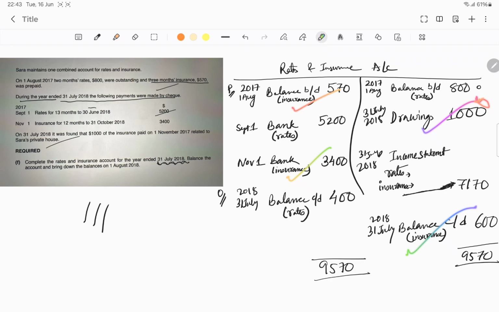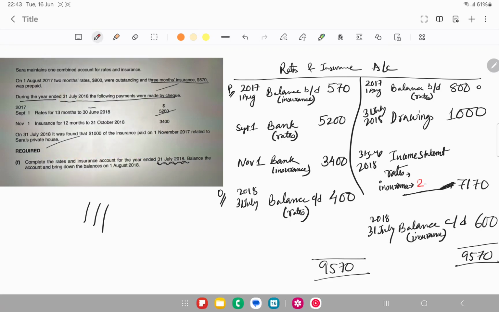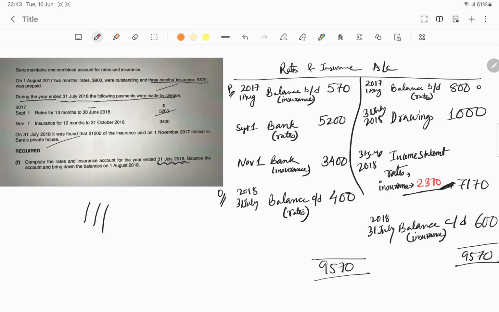So 570 plus 3400 minus 600 minus 1000 gives you 2370. So insurance for the income statement is $2370.